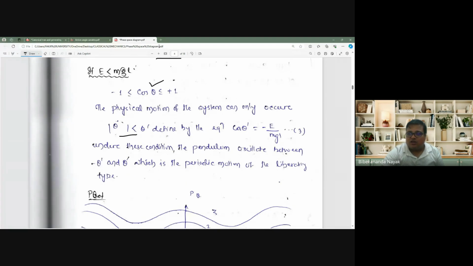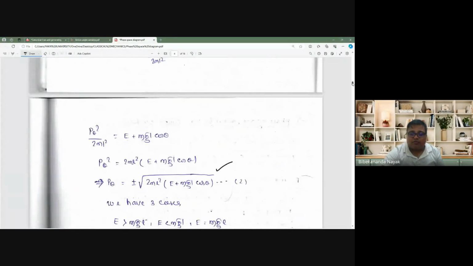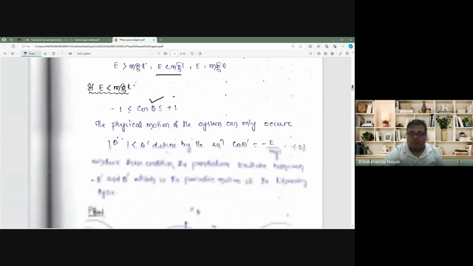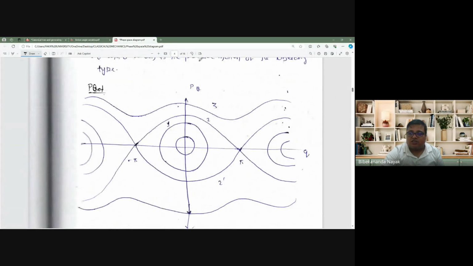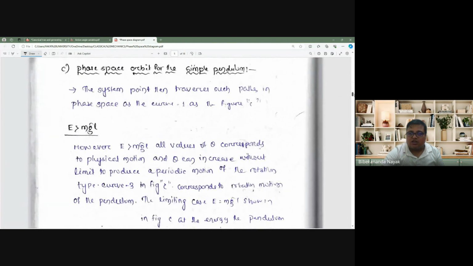If we actually plot the phase space diagram of theta and p theta, we get this type of curve for a simple pendulum. How we check it is described here. Three cases.